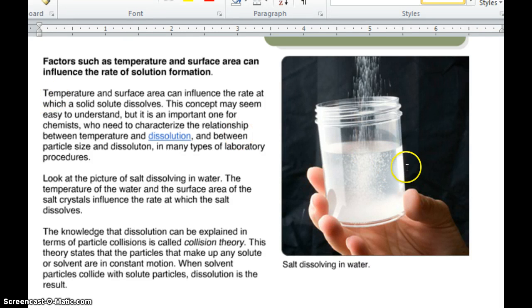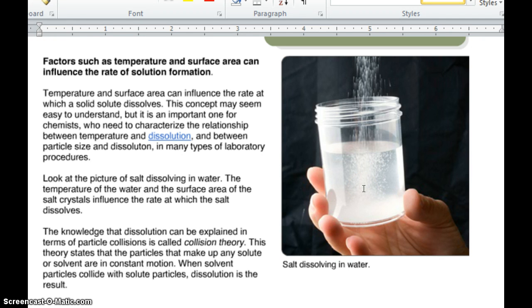Look at the picture of salt dissolving in water. The temperature of the water and the surface area of the salt crystals influence the rate at which the salt dissolves. The knowledge that dissolution can be explained in terms of particle collisions is called collision theory.